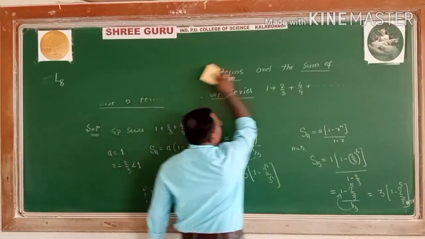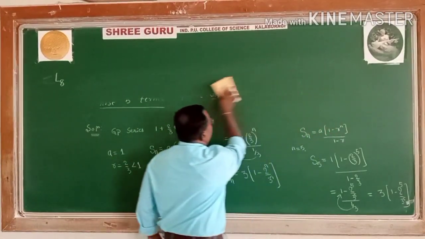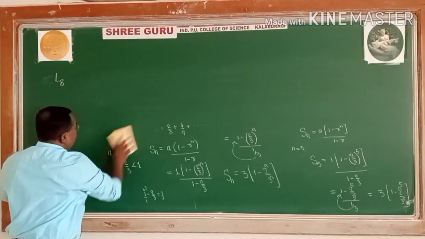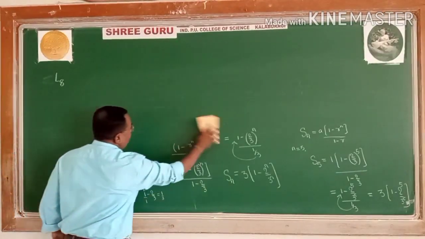Next, example number 5 for the GP series.